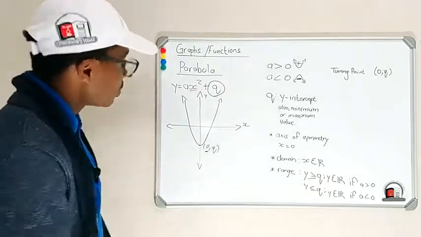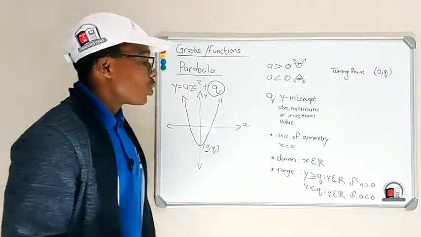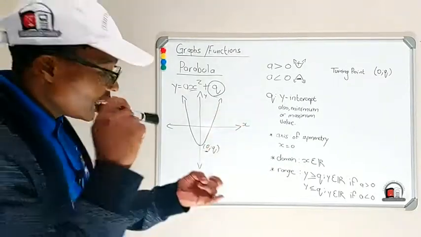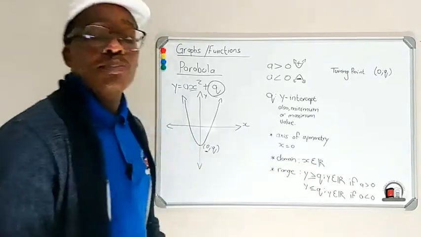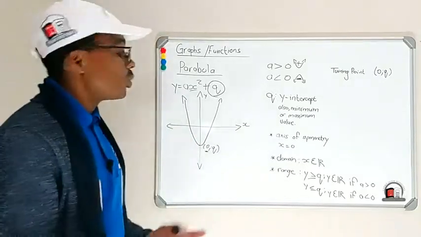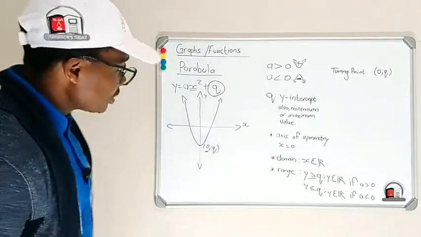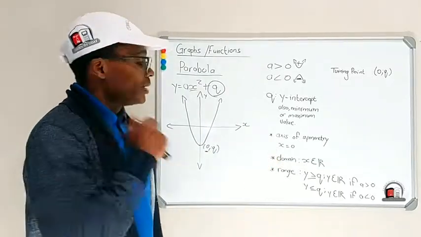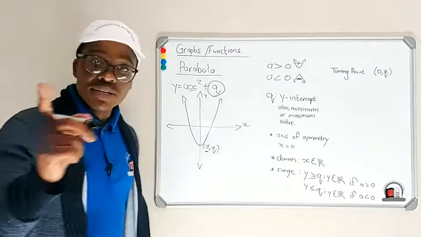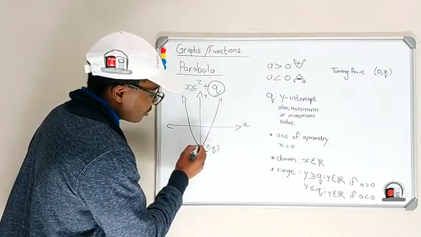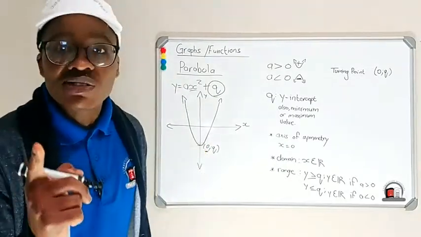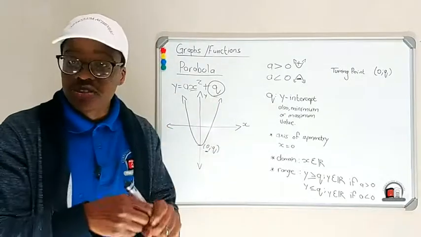Do you see that? And also your y-intercept, or your q, is known to be either your minimum or your maximum point on the graph. So listen to this. Minimum, why is it the minimum? Do you see this point here? Would the graph ever pass beneath that? It would never.